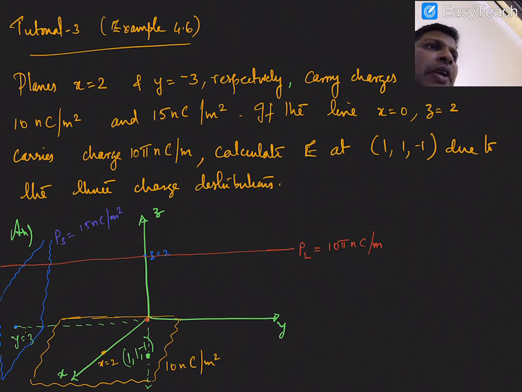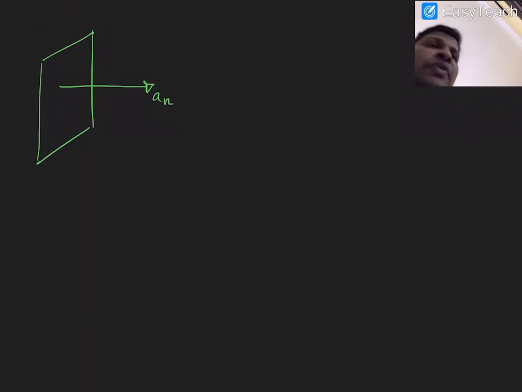Now we know that if we have an infinite sheet of charge, the electric field will be in the direction of the normal to that plate, and it is given as the charge density divided by 2 epsilon 0.